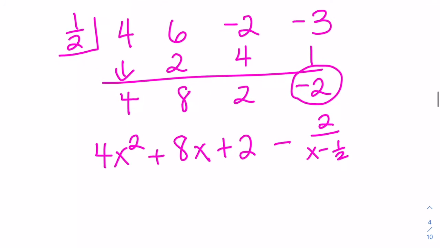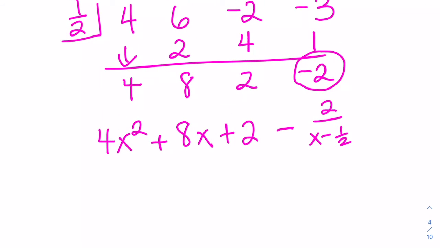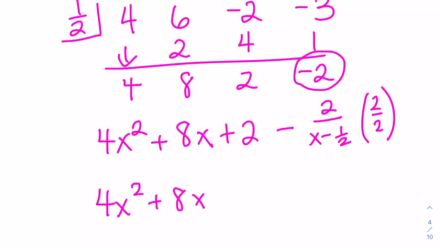For the remainder and that divisor, we're essentially going to multiply this whole thing by 2 over 2. We're going to get back to what originally was the divisor. So nothing changes with the first part, the quotient, but then we'll have minus 4 over 2x minus 1.